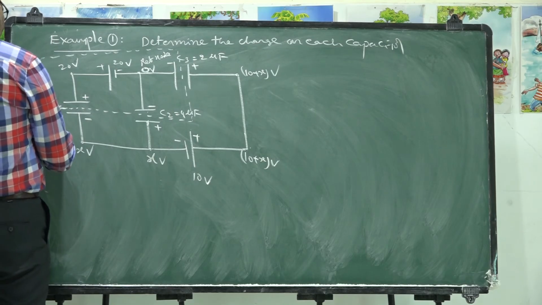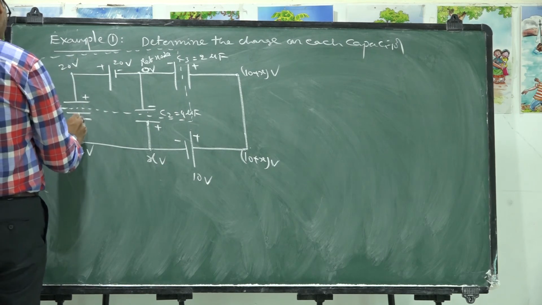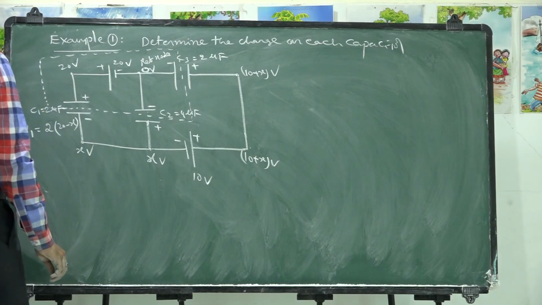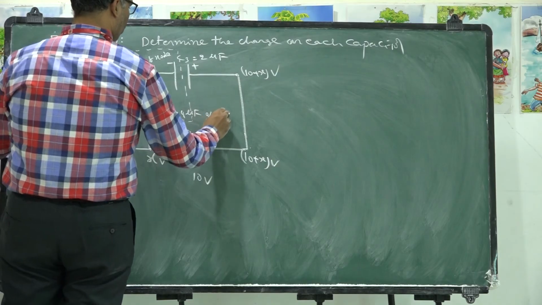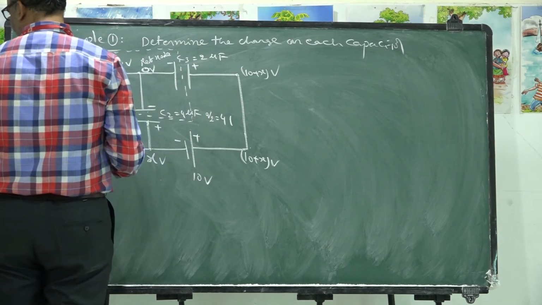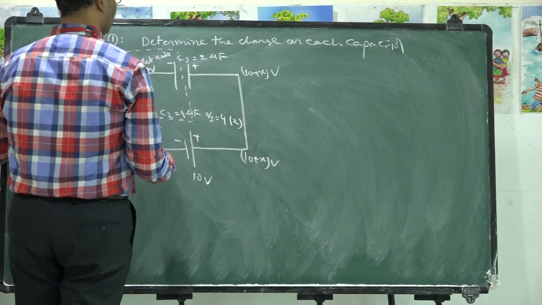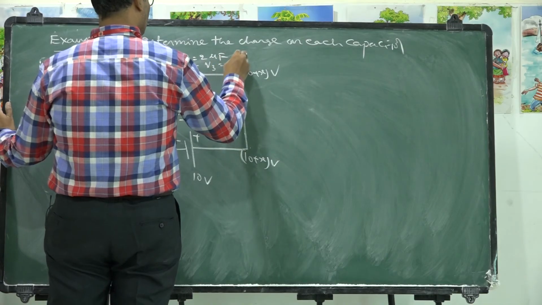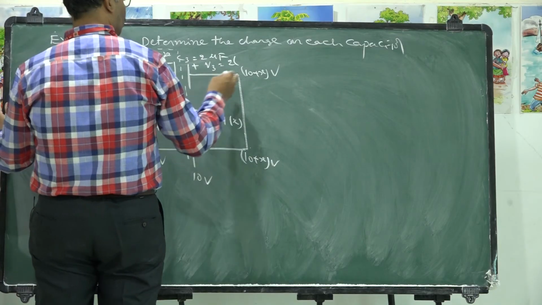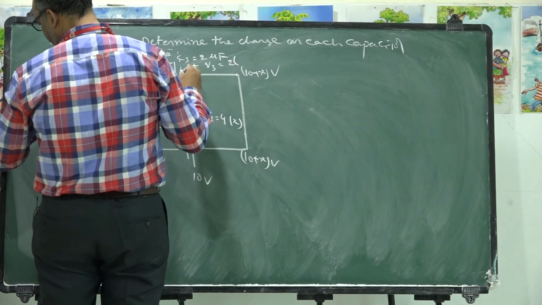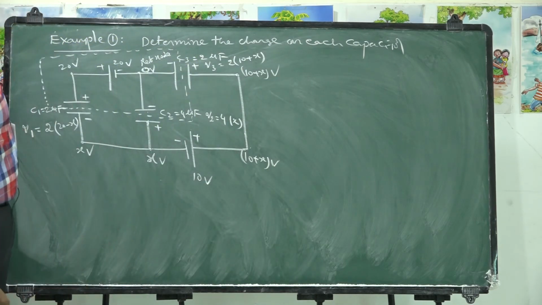So C into V. C is 2, V means the potential difference 20 minus X. Similarly, the charge on the second capacitor, Q2, is equal to 4 into the potential difference, X minus 0, that is 4X. Similarly, the charge on the third capacitor, Q3, is equal to 2 into the potential difference, sorry, 10 plus X minus 0. So I should take 10 plus X here. This is the charge available on the third capacitor.